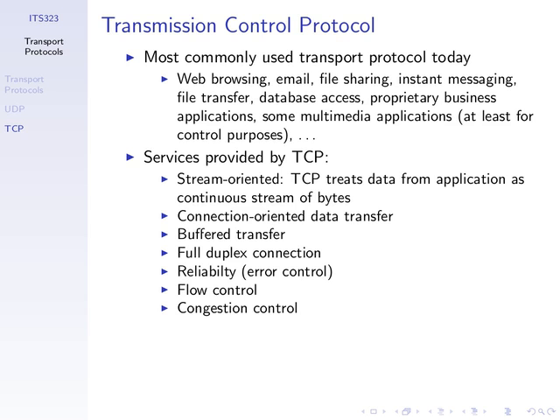From TCP's perspective, those two messages are not distinguished. They're just treated as a sequence of bytes. So it may not send them as two separate messages across the internet. It may send them as one. We'll see that shortly. And when we talk about that, we'll also talk about what we mean by buffered transfer.